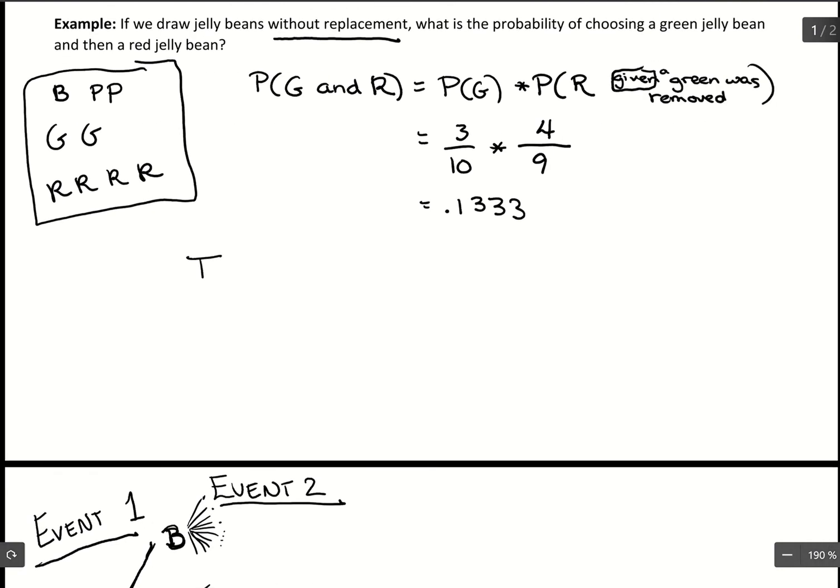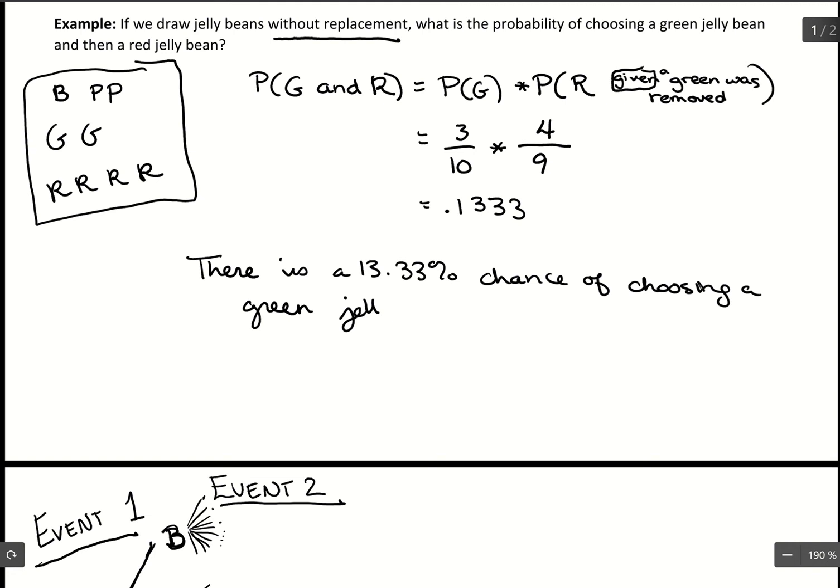So there is a 13.33% chance of choosing a green jelly bean and then a red one if we do not replace them.